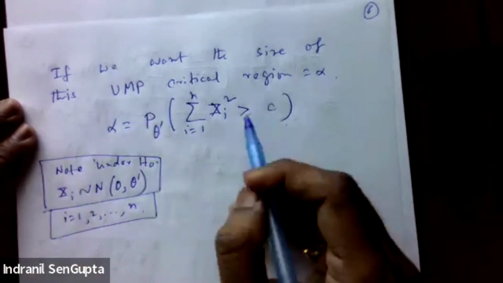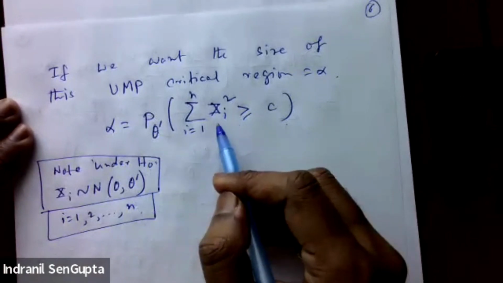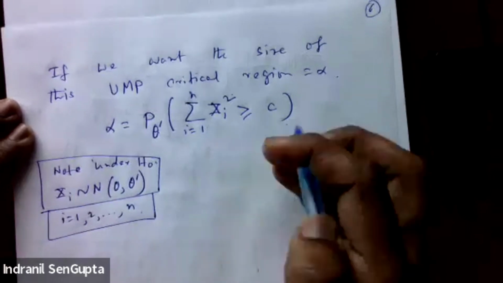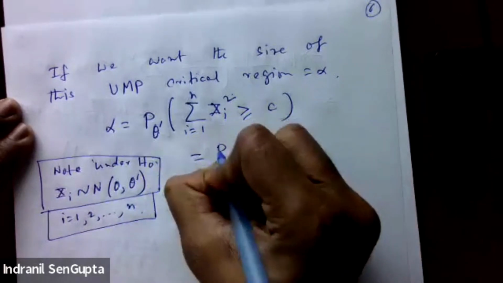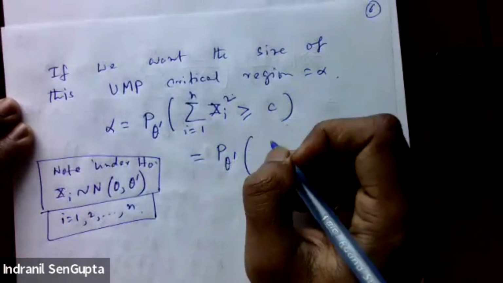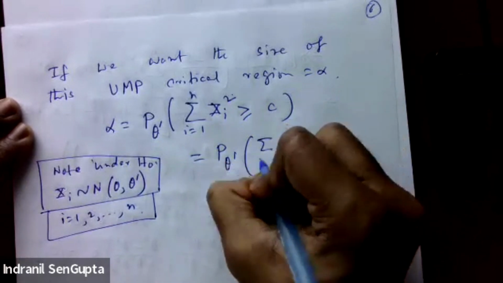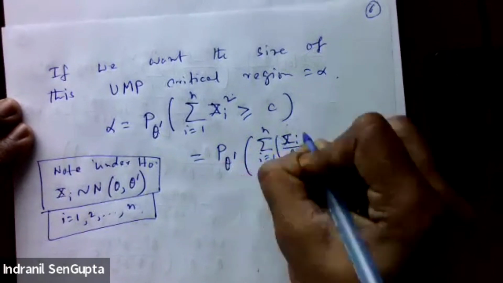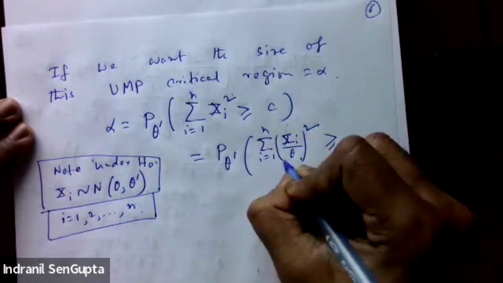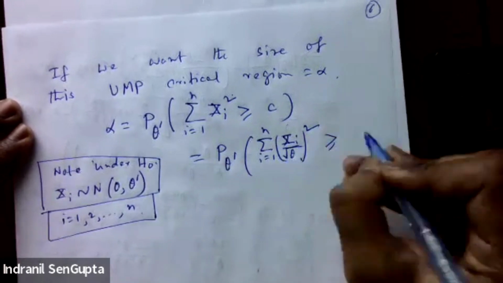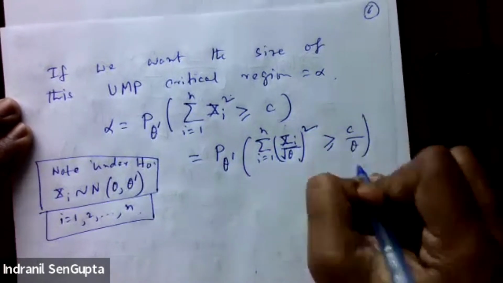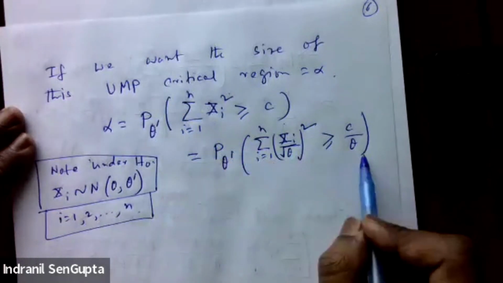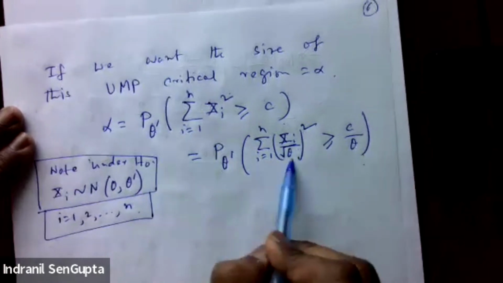Okay. So if this is normal, you know that it's a square of the normal. So if I divide by the variance, I can modify this a little bit. I can divide the summation i from 1 to n of xi squared by theta prime, so it's C over theta prime, right? So I'm dividing both sides by theta prime, and I'm just putting this theta prime inside.